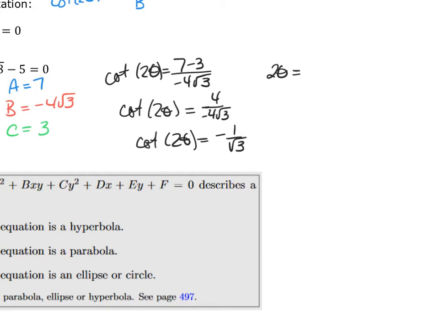So where is cotangent, first of all, negative? Which quadrants? 2 and 4. Which one gives me 1 over root 3 in those two quadrants? 4, 5, or 3. Yep. 2 pi over 3? Yeah, 2 pi over 3.